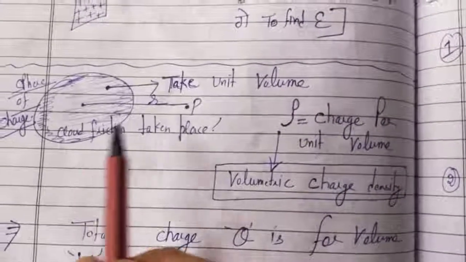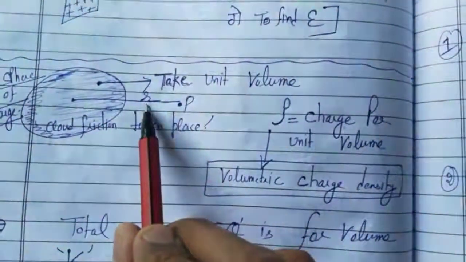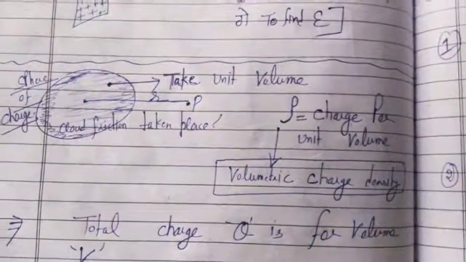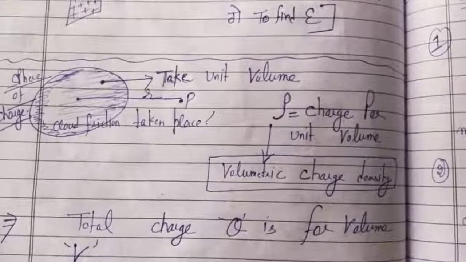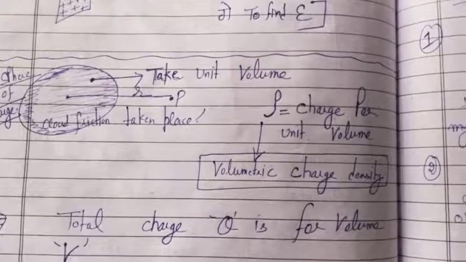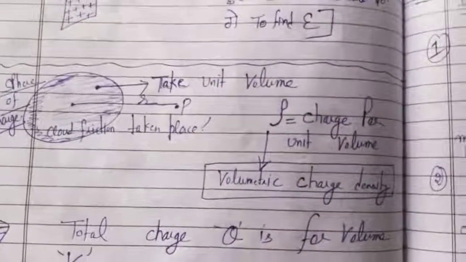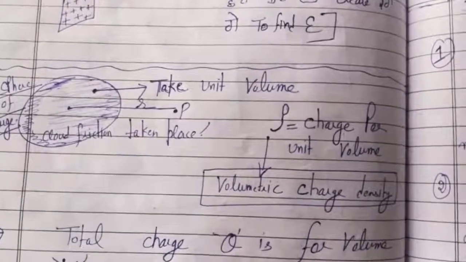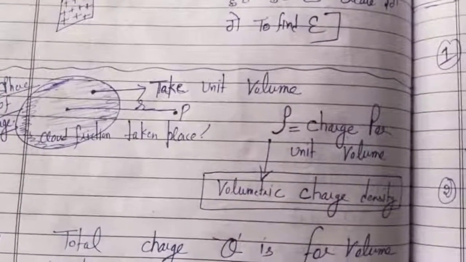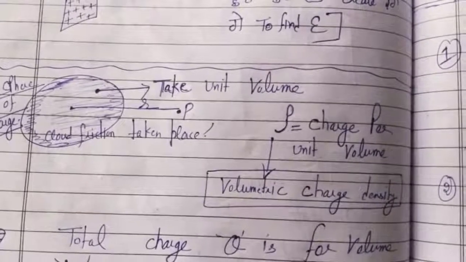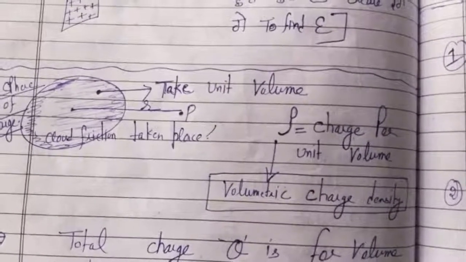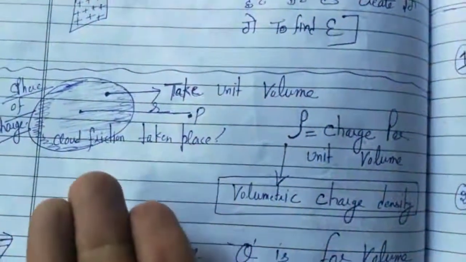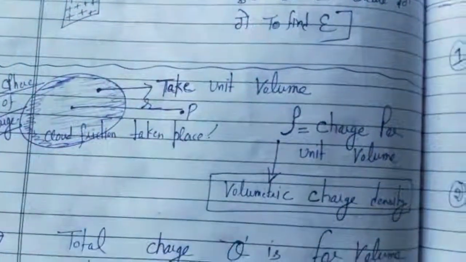You want to calculate the electric field at distance r from the sphere, but you are having the formula of a point charge only, because the electric field you have derived only for a point charge, using Coulomb's formula, and Coulomb's formula always applies to a point charge. That means the electric field formula we are having is only for a point charge, but here we are having this much amount of volume, so we are not having any formula.